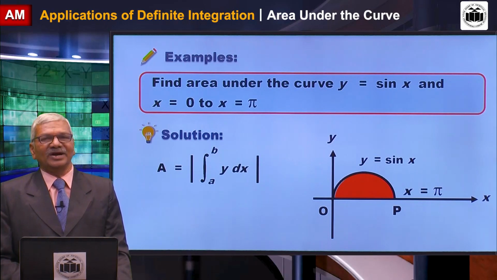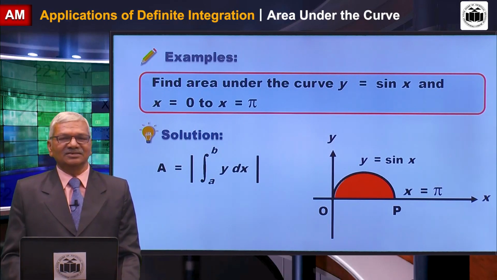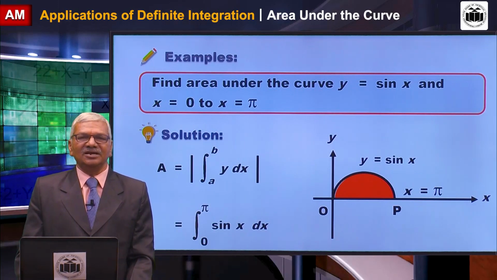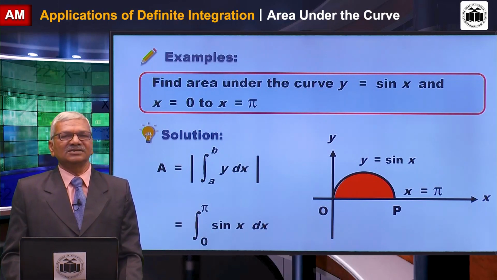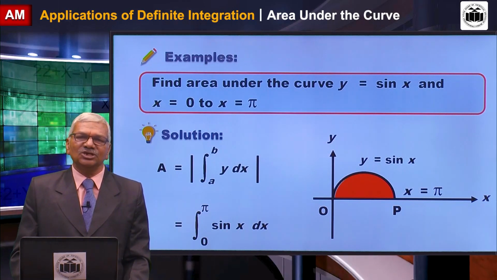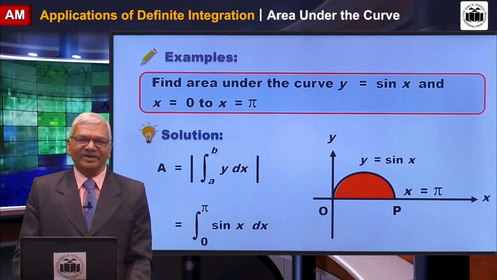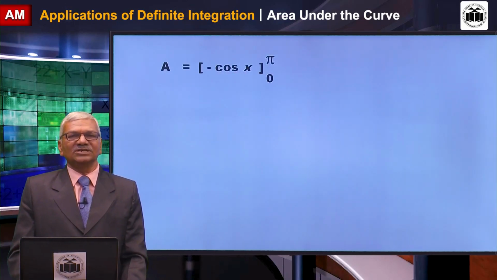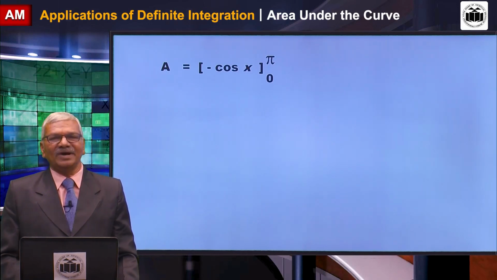Yes, right, y equals sin x. Putting these values in the formula, we get integration 0 to pi sin x dx. Can you tell me what is the integration of sin x? Right, very good, minus cos x. So next step is minus cos x, between the limits 0 and pi.